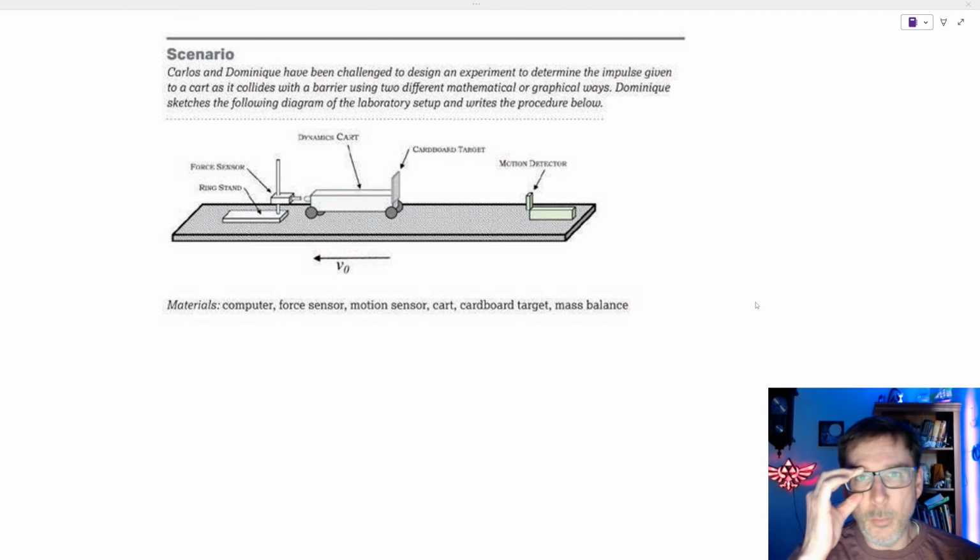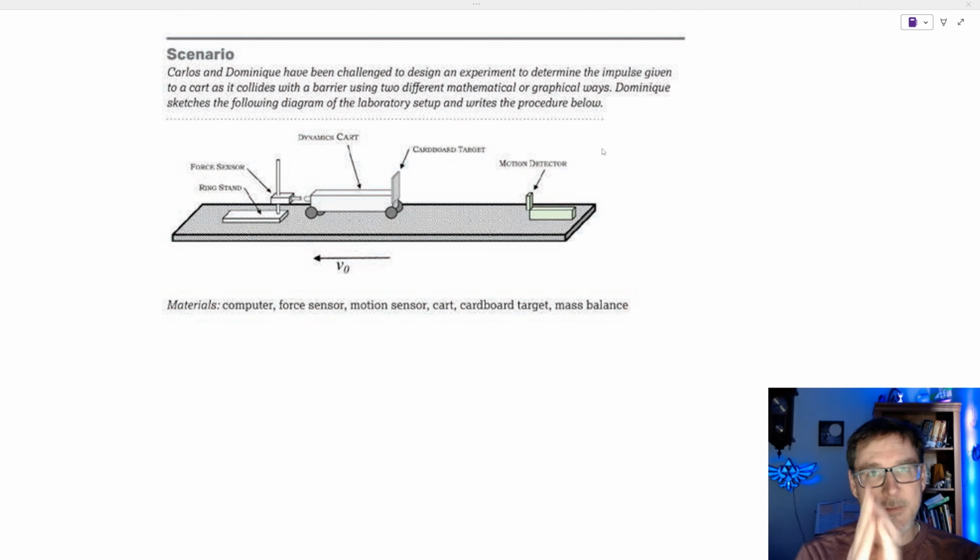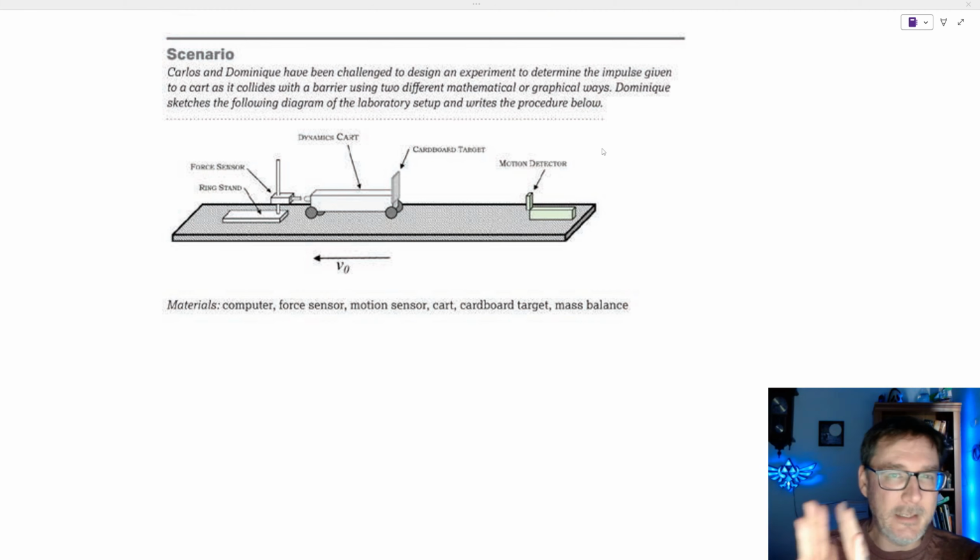Okay, a word about procedures. There's a whole lot I could say about it, but to be brief, I want to point out that the setup here is different than what we've done in our lab, and that's something to keep in mind. You can measure the same stuff, but using slightly different tools.